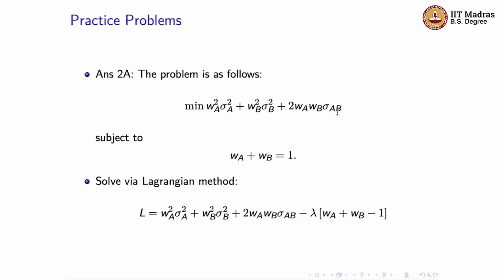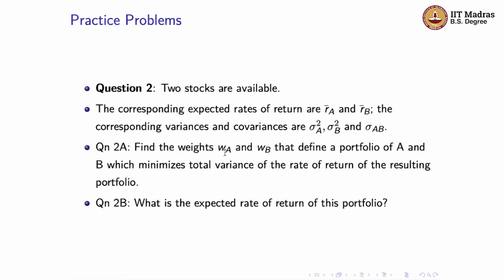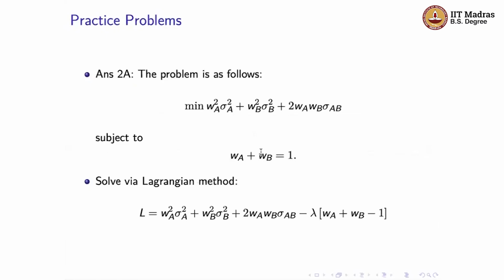So this is the formula for variance that we have now looked at multiple times. And we have to choose WA and WB to minimize this. Our constraint is that this is a portfolio, so WA and WB need to add up to 1, right? That's all there is.